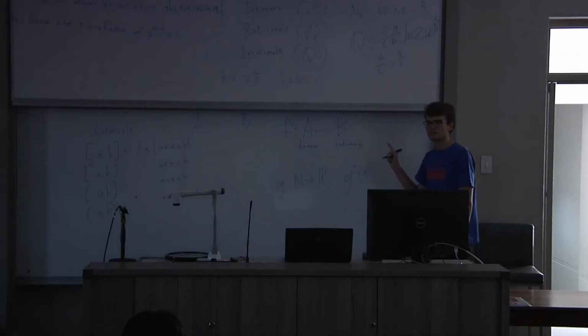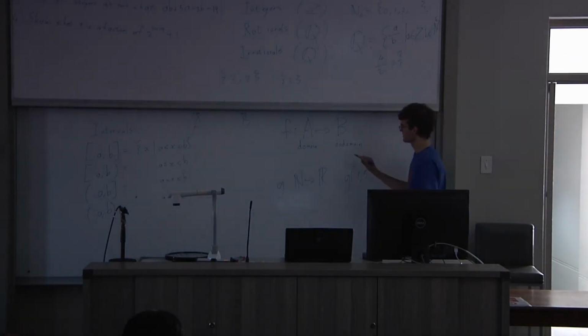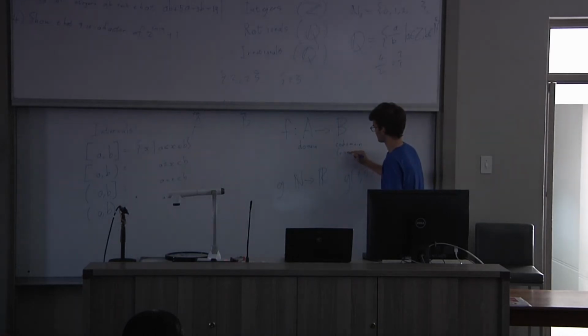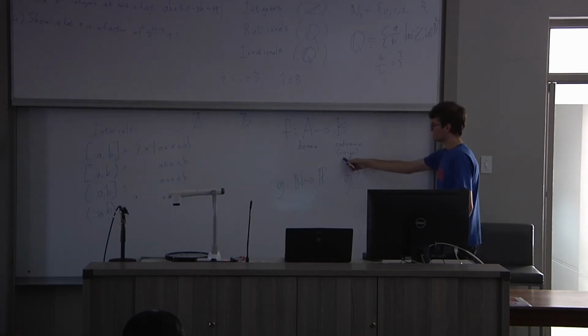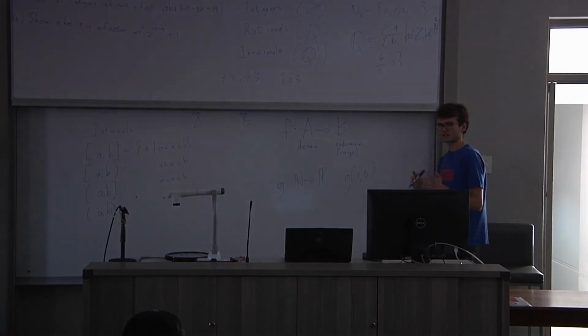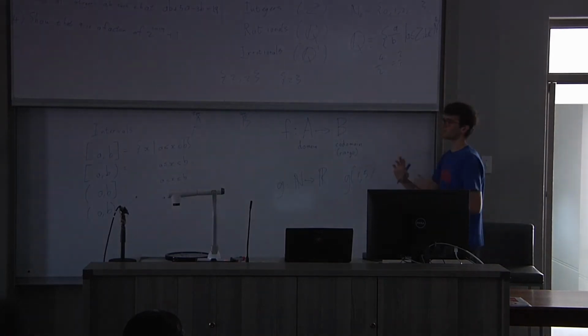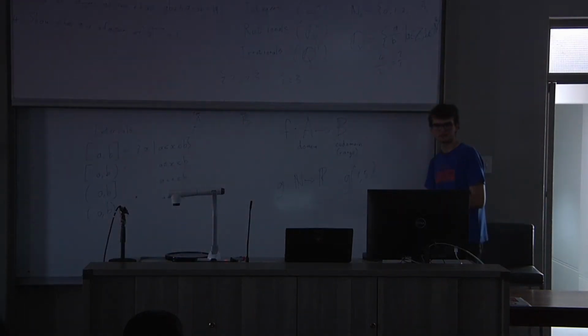There's something to keep in mind here, that in school you'll hear it called the range, but there's a slight difference. So the range would be all of the values that the function actually maps to, whereas the codomain is the ones that it could map to.